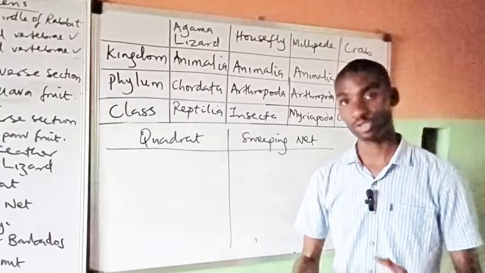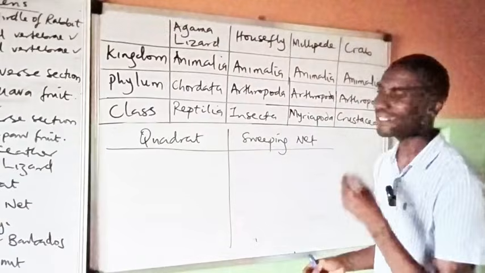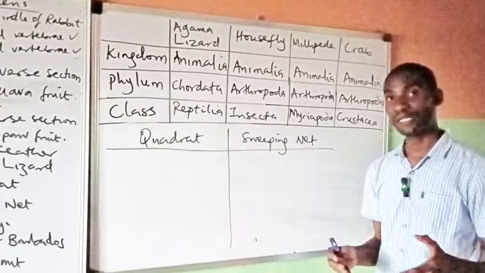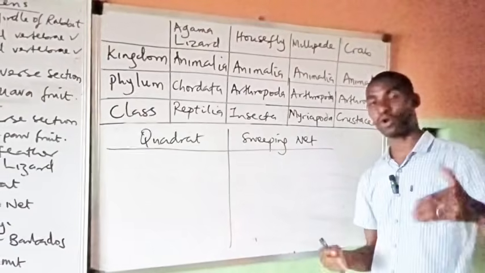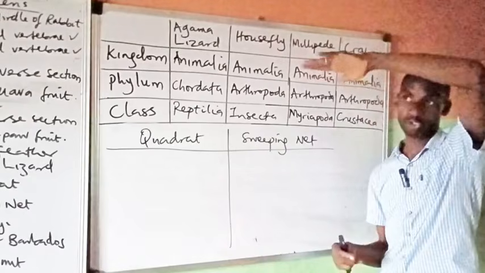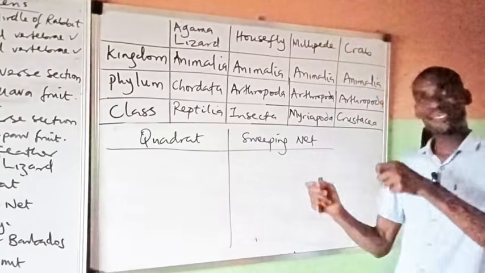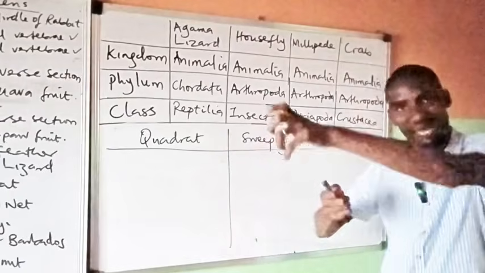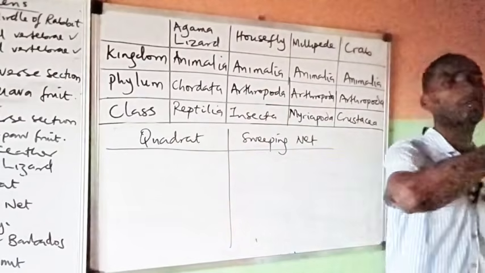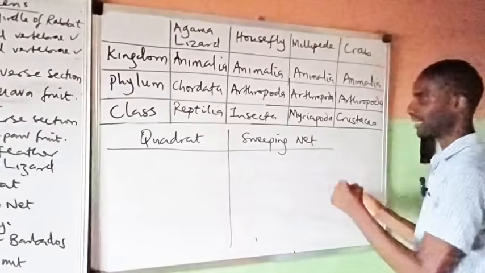Your snails, your slug. Okay, but when you come to the sweeping net, it is used for fast moving organisms and for animals or organisms that are on canopies. That means that are on top of trees. Okay, the sweeping net is a net that is designed, but it has a handle. You can use it to actually capture organisms, insects that are flying on the field to sample them.